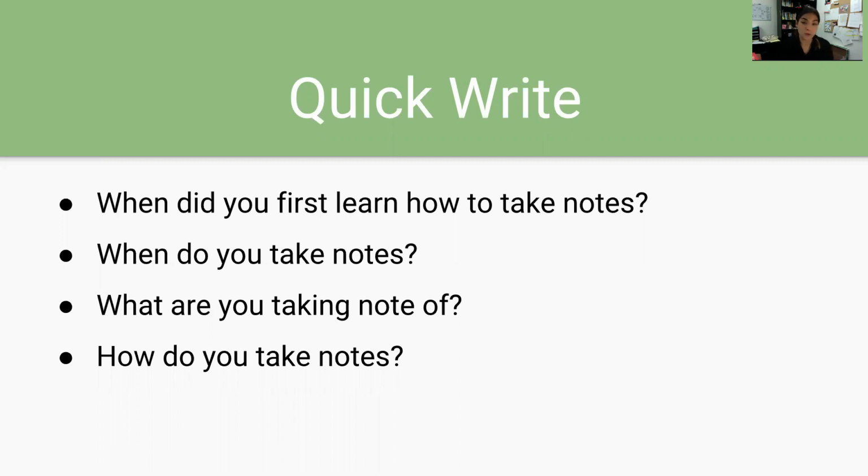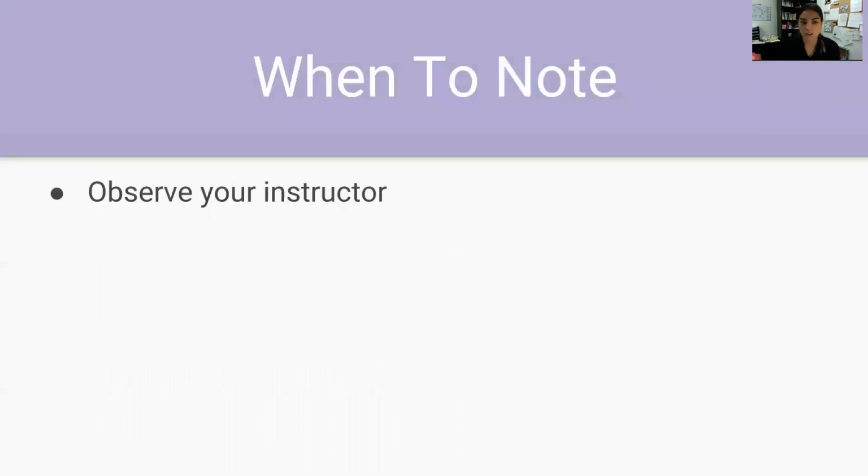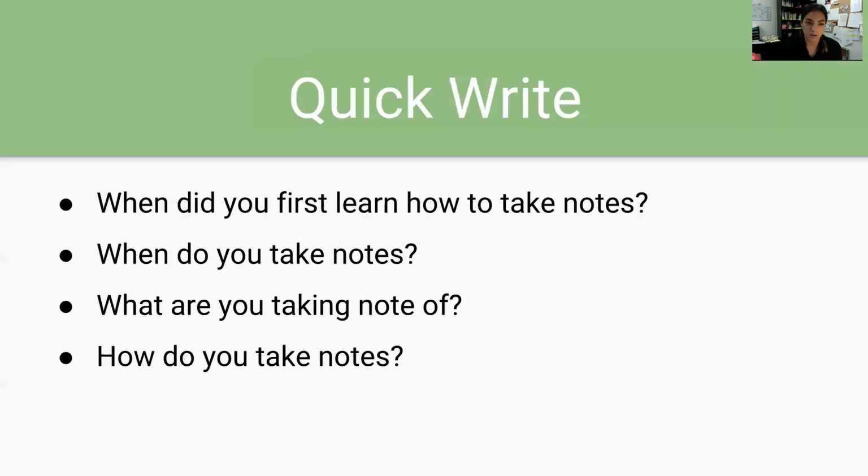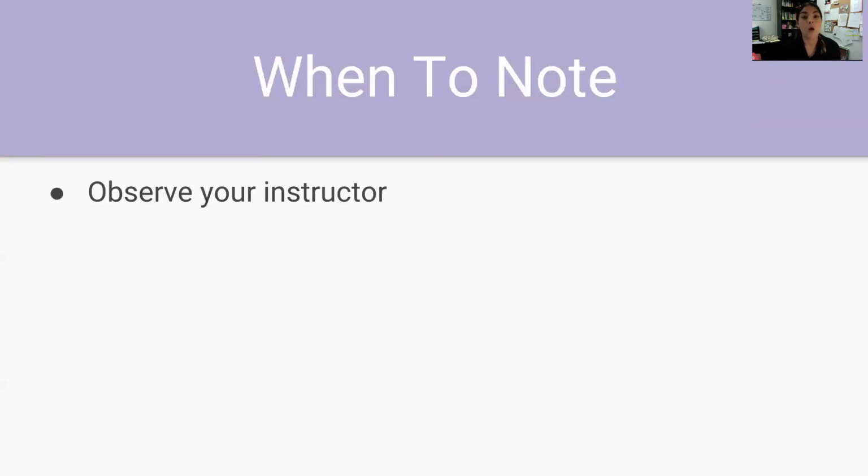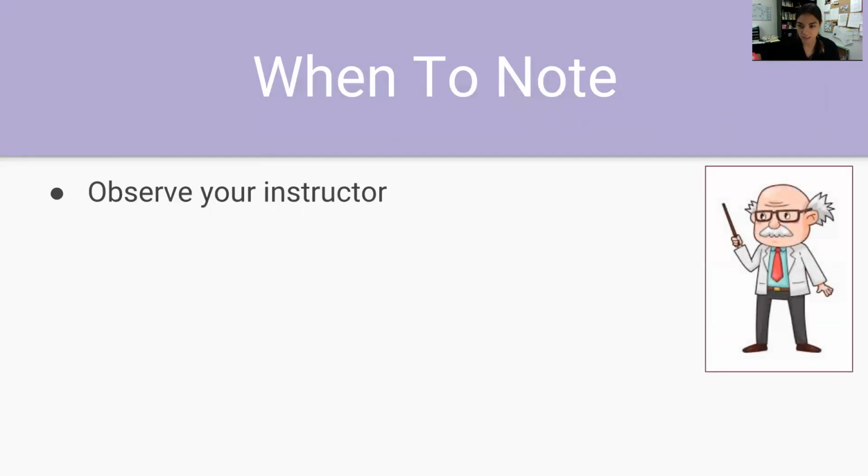So I hope you paused the video. We're back now to take a look at when we take note. What are some of the cues for us to know that this is time for me to take note? I'm going to write this down on my page. There's your instructor.